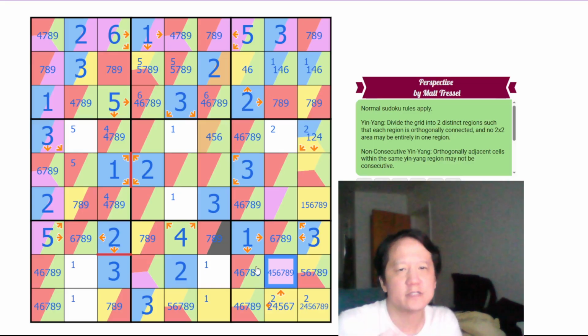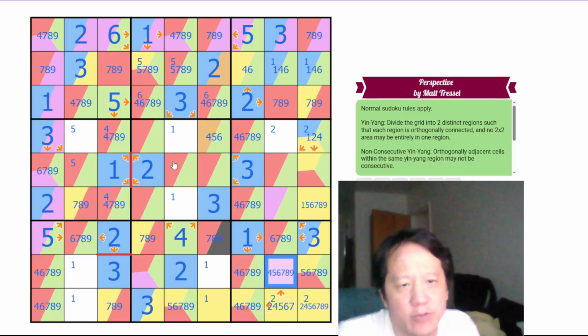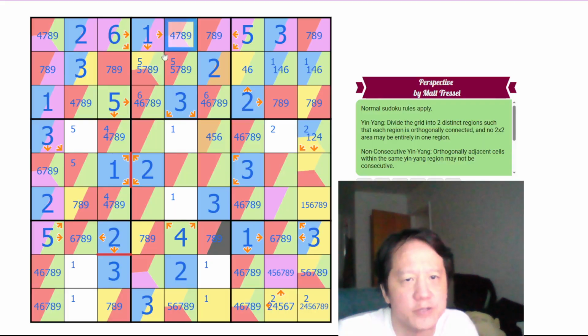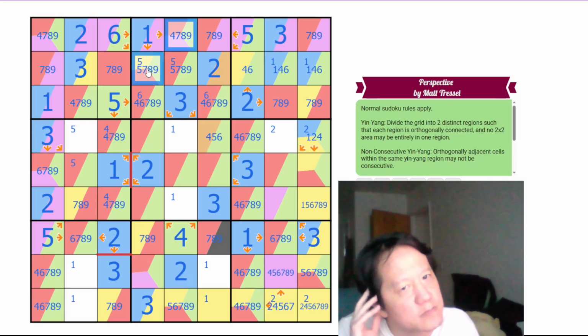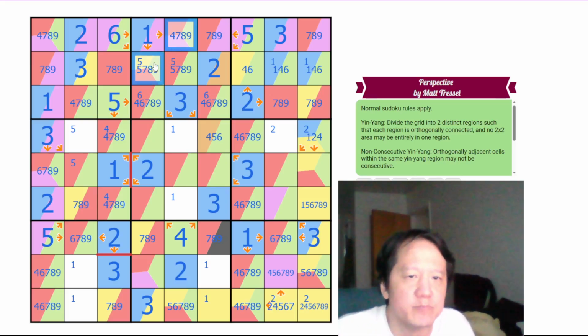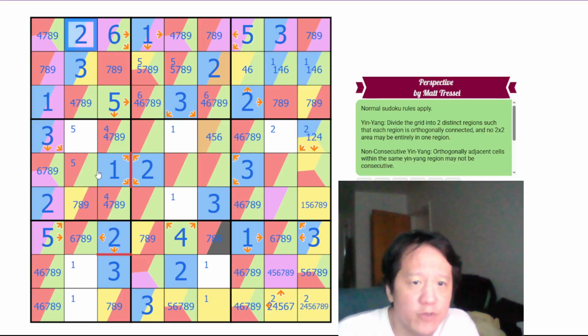Okay, let's just make sure the paros that we have are correct. 6 away is 3 and a high digit, and they are different regions. This is yellow, that's pink. 1 away, this is pink, that's yellow, and interesting. So one of these is medium, one of these is high. We don't know which is which. 5 away, we have pink and yellow.